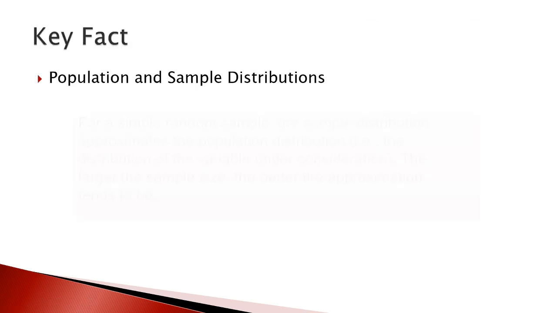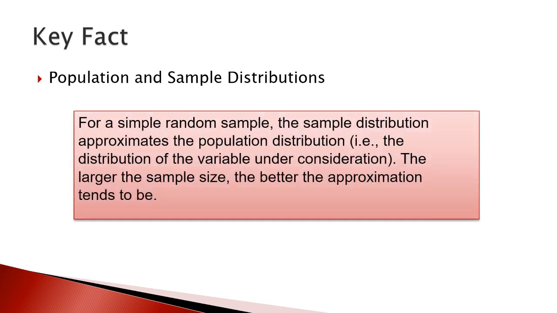As a key fact for the calculations, for a simple random sample, the sample distribution approximates the population distribution. That is the distribution of the variable under consideration. The larger the sample size, the better the approximation tends to be. That is, we can take a sample distribution as a representation of the population distribution.